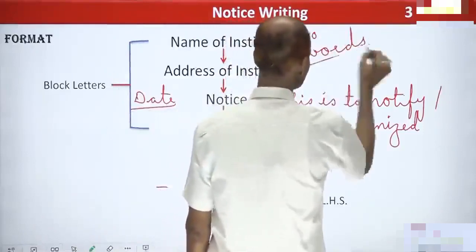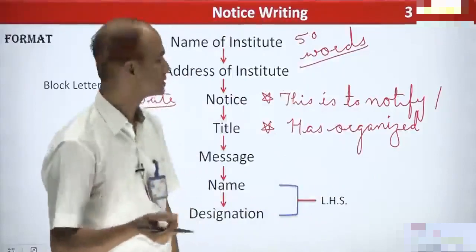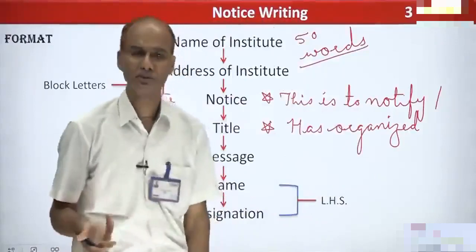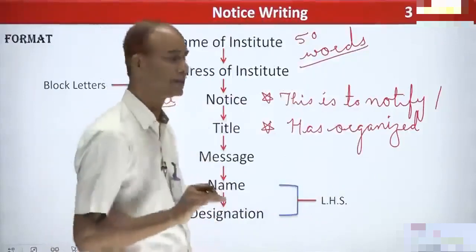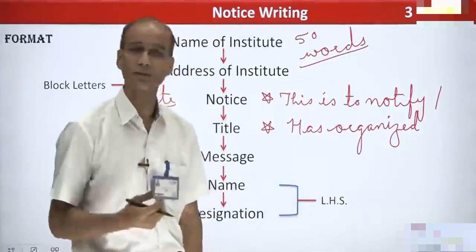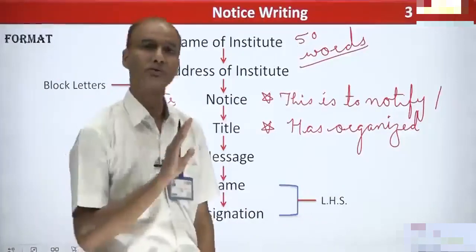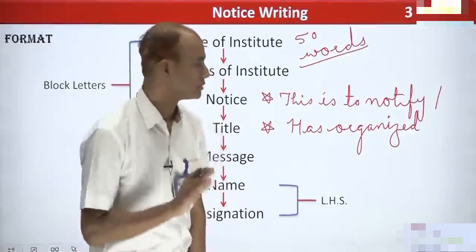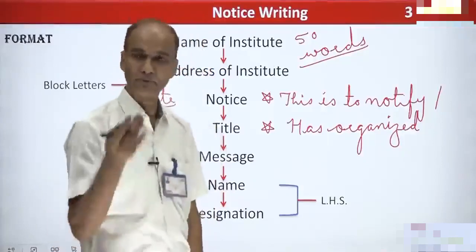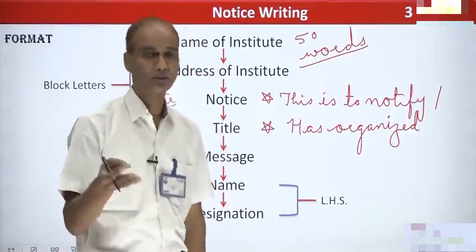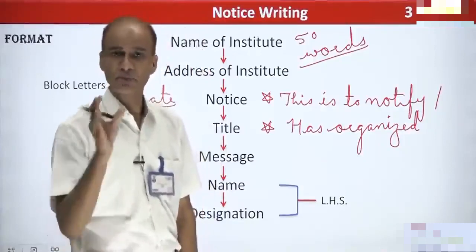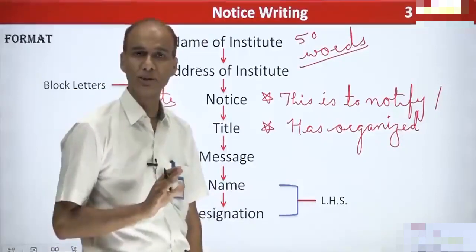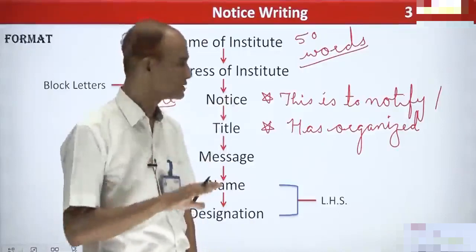So stick to this. Just a bit more, we can say 60 words or so, that can be accepted by the examiner. But if you clutter it up and write 100 words or so, that cannot be accepted. So what to do then? Check that you have written the venue, the time, and the date. If all these three have been included, then okay, fine, everything is there.